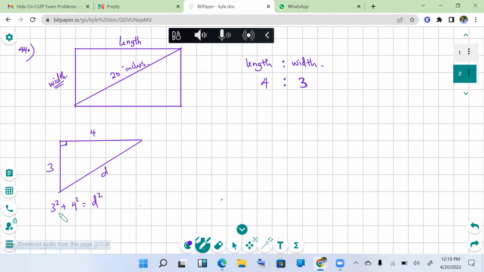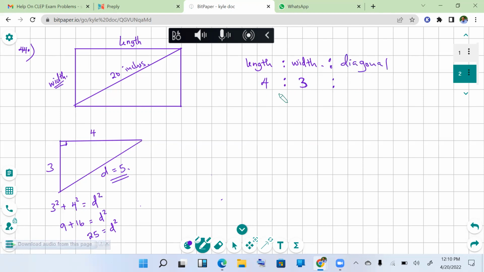So 3 squared plus 4 squared is 9 plus 16 equals d squared, meaning that d squared is 25. So then d would be 5, right?